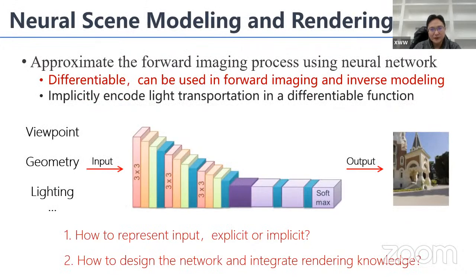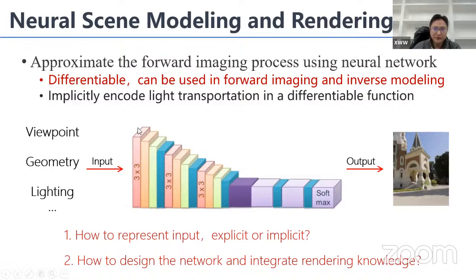Recently, the development of neural rendering techniques tries to approximate the forward imaging process using a network. Actually, in computer vision, all the techniques that can generate images are classified as neural rendering.